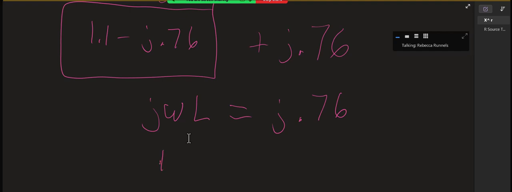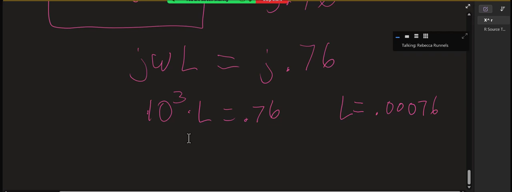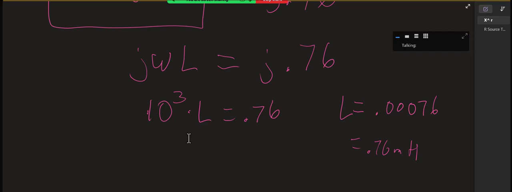So J's will cancel. Omega is 10 to the third, L equals 0.76, or L needs to be 0.00076 or 0.76 millihenries. And that will get us peak performance.